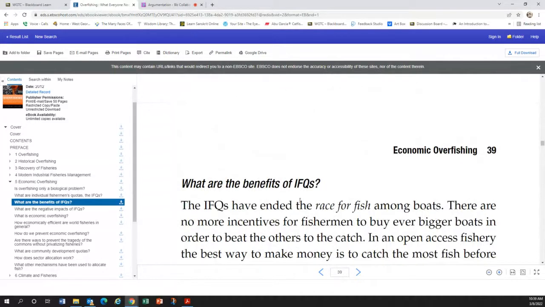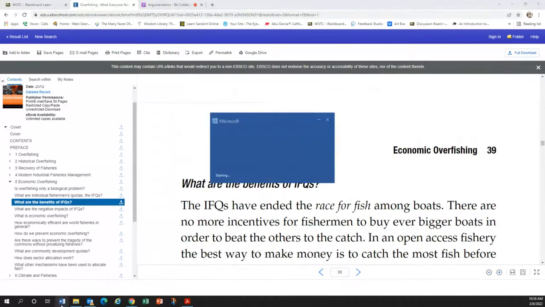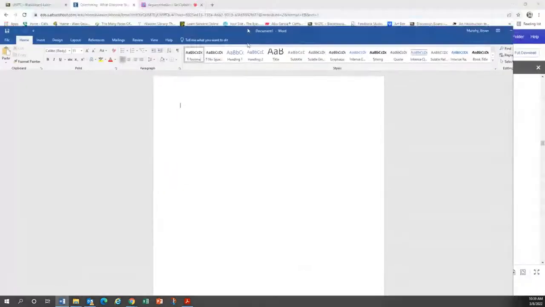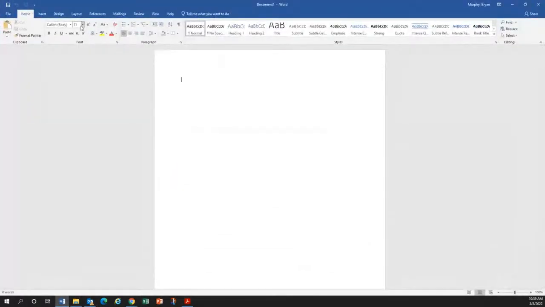Individual fishing quotas. So what we're going to do here is pull up Microsoft Word. Problem, solution, so what? Now the problem is going to be overfishing.